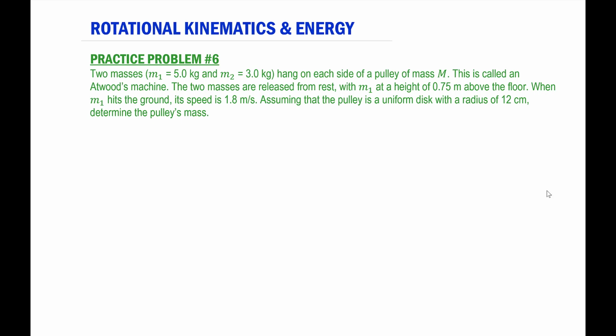The reason why we want to use conservation of energy to solve this is because we have initial and final speeds, because the masses are released from rest and end up at a certain speed. And then they also have different heights. So it has everything to do with gravitational potential energy and also kinetic energy. But now we're looking at three masses instead of just the two masses that are hanging.